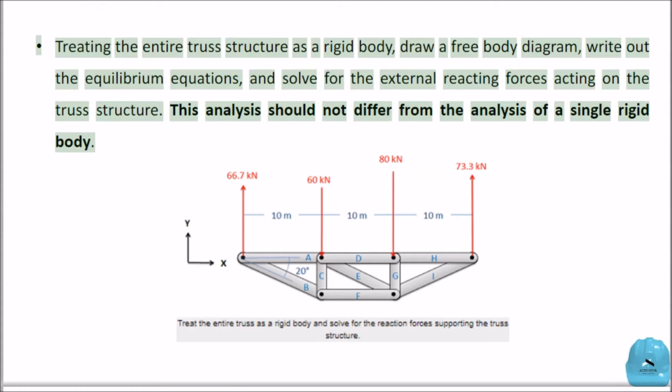Treating the entire truss structure as a rigid body, draw a free body diagram. Write out the equilibrium equations, and solve for the external reacting forces acting on the truss structure. This analysis should not differ from the analysis of a single rigid body.